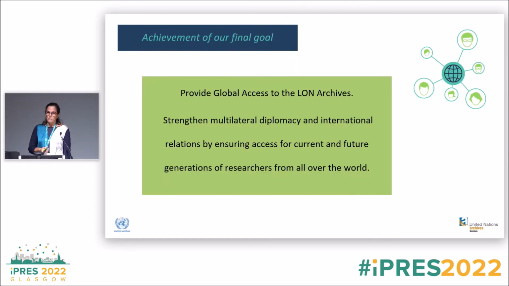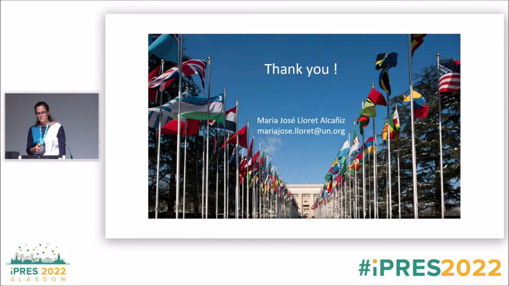So we think we have achieved our goal that was to provide global access to the League of Nations archives, strengthen multilateral diplomacy and international relations by ensuring access to current and future generations of researchers from all over the world. Thank you.